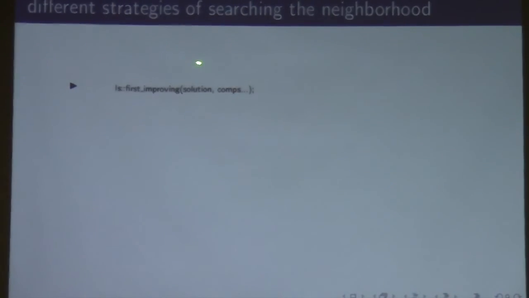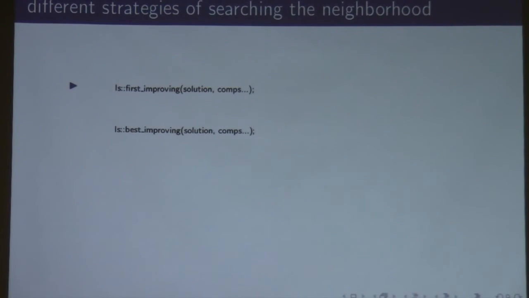So we were working on only one strategy, first improving, all the time. So we iterate through the moves, and we take the first move that is improving. But there are of course other strategies. There is the best improving strategy, which takes the best move, checks if this is improving, and if it is, it applies the move.